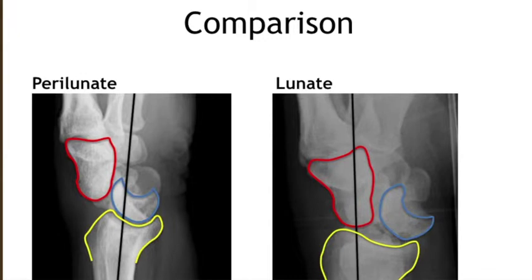In the lunate dislocation, the lunate bone is spilled forward or displaced anteriorly or volarly, and then the capitate dorsally is displaced, which then aligns or sits within the distal radius articulation.